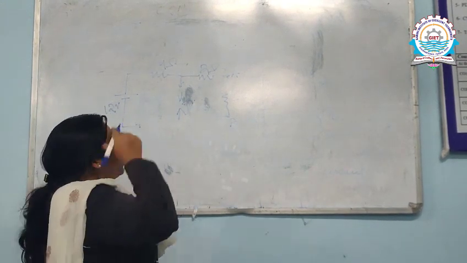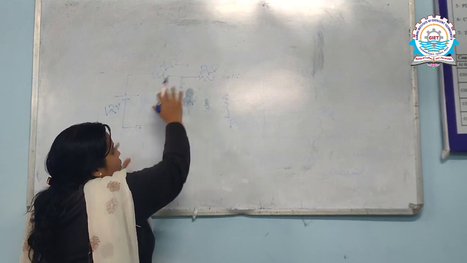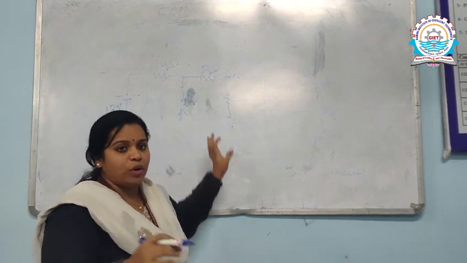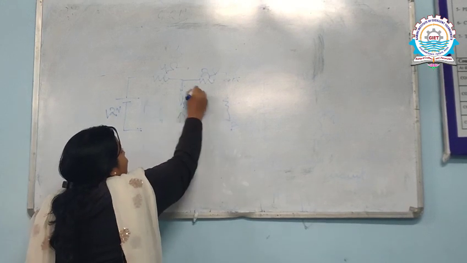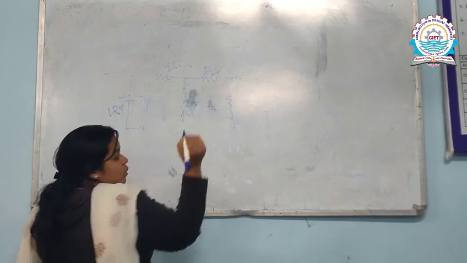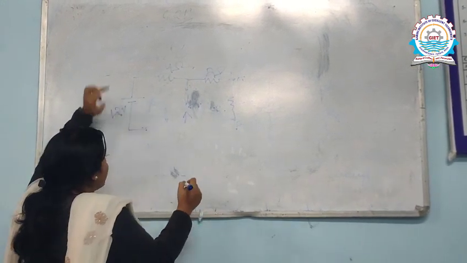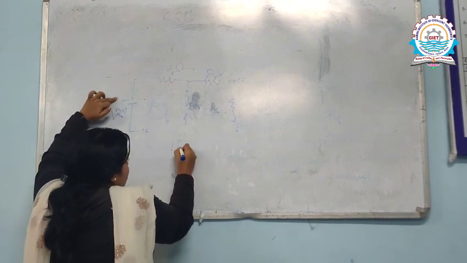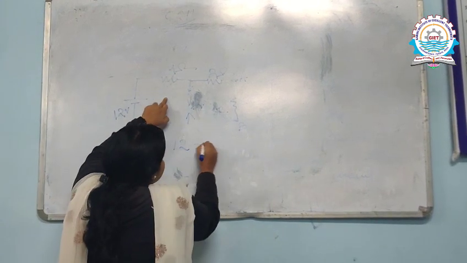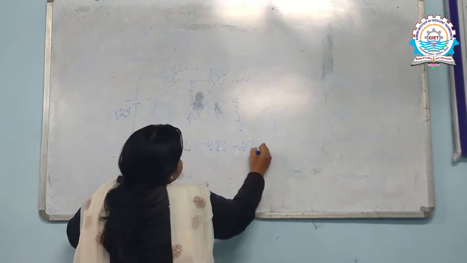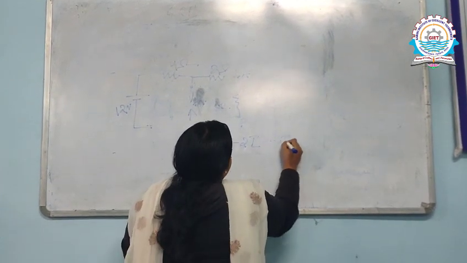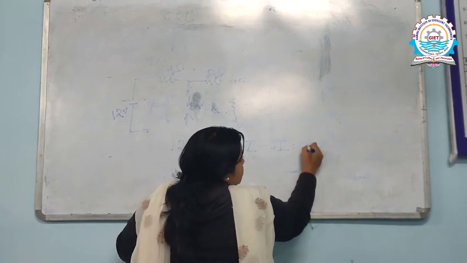So how will we find VTH? As this circuit has been opened up, it is one loop. We find the current using KVL. Traveling from minus to plus, that will be 12, then in the same direction minus 4i, minus 2i, minus 6i equals 0.